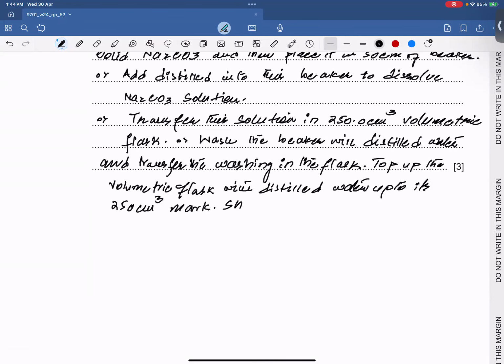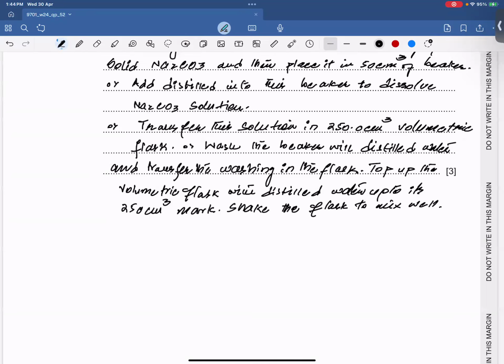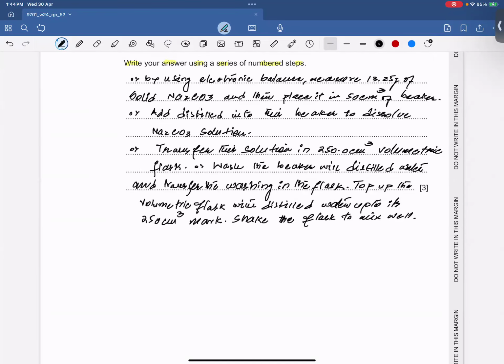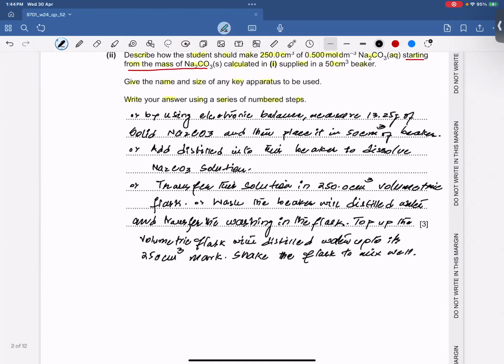And shake the flask to mix well. I hope it makes sense to you.